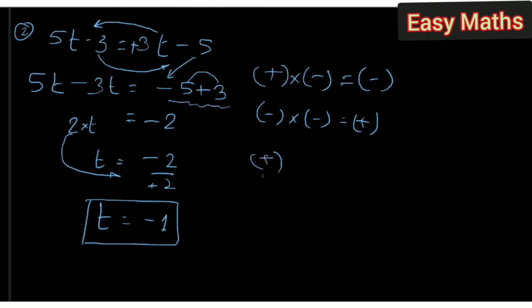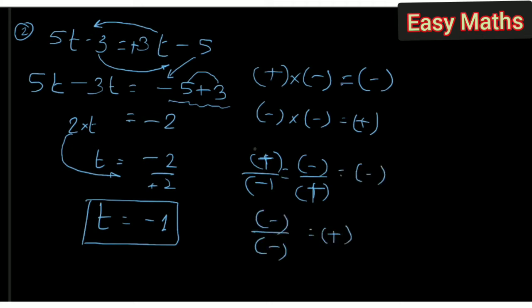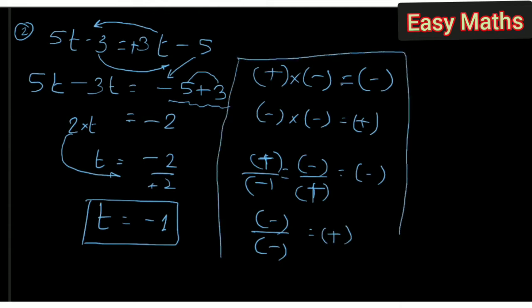Same for division also. Whether we are having the numerator negative or denominator negative, it does not matter. If one is positive and one is negative, the answer is minus, and if both are negative, minus minus, then it becomes plus. So the rules are the same for multiplication and division. So therefore the answer here becomes 2 by 2 is 1 and the sign is negative.